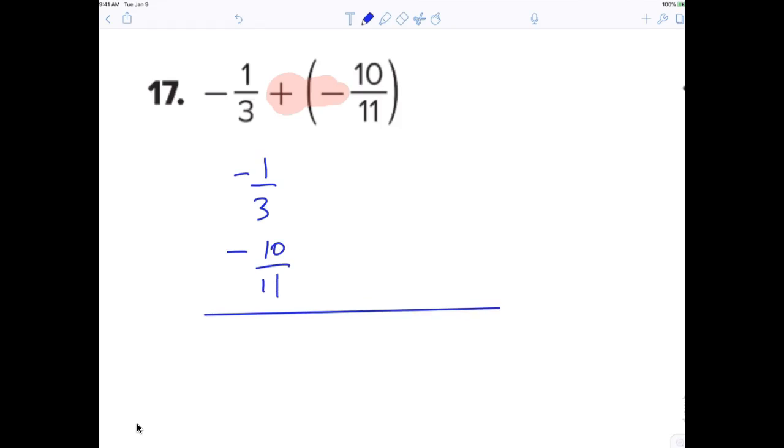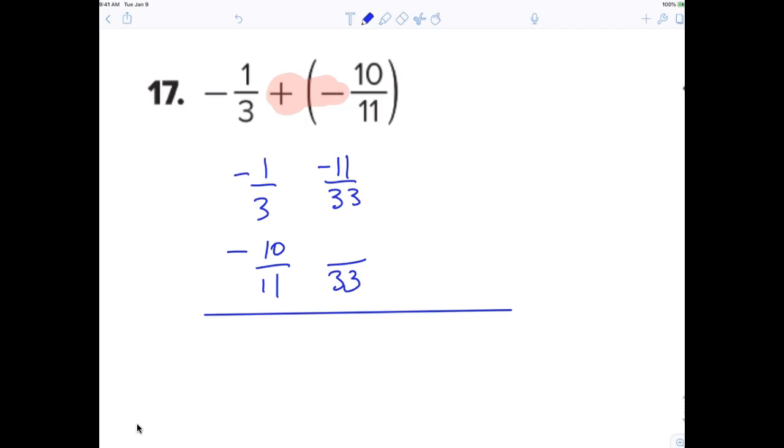Tell me a common denominator. 33. That is exactly correct. They're relatively prime, so we can just multiply. What do I do to the first fraction? Multiply it by 11, so that's going to be 11. And the bottom one? 30 over 33.